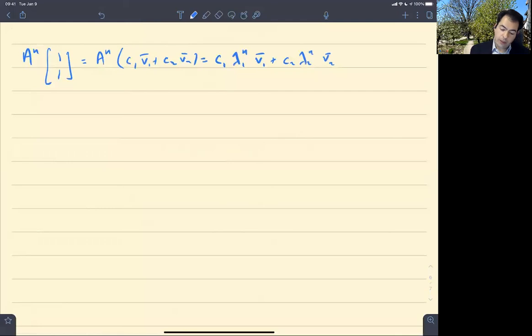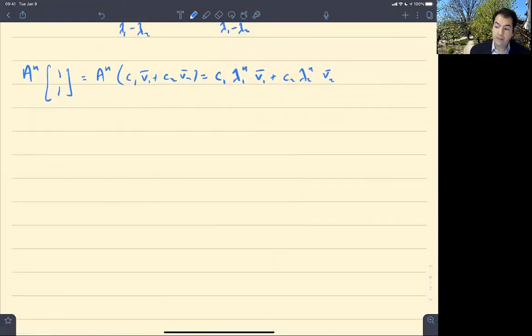Okay, so now we can work out, just looking at the second coordinate of the vector A^n times (1, 1), we find that the nth term of the Fibonacci sequence is equal to the constant C1, so (1 minus lambda 2) divided by (lambda 1 minus lambda 2), times lambda 1 to the n, plus the constant C2, so (lambda 1 minus 1) divided by (lambda 1 minus lambda 2), times lambda 2 to the n.